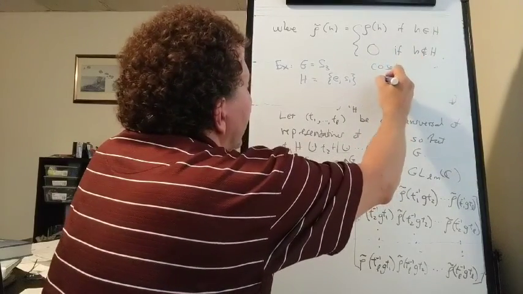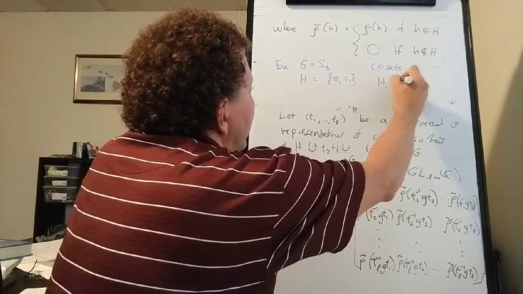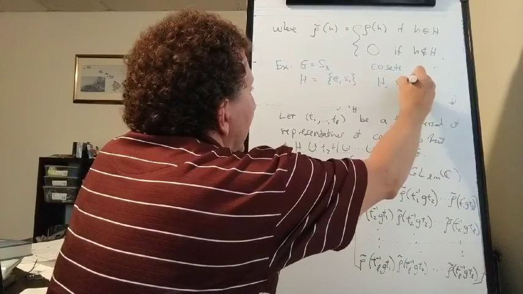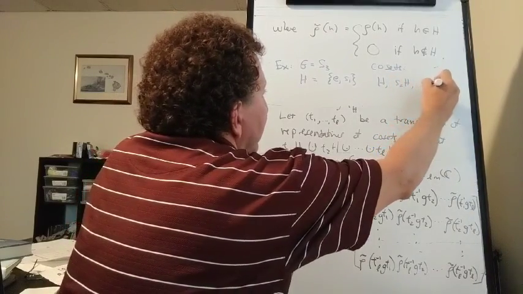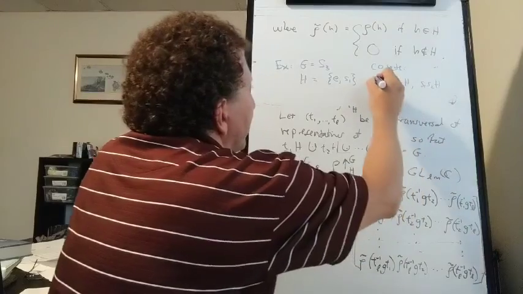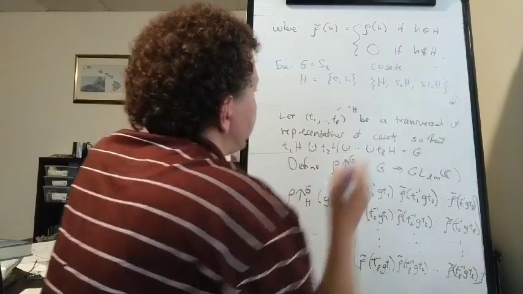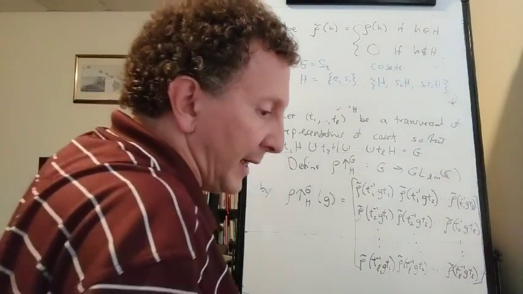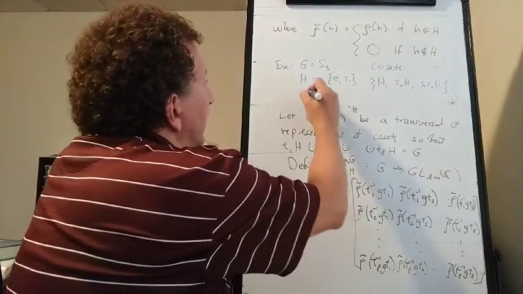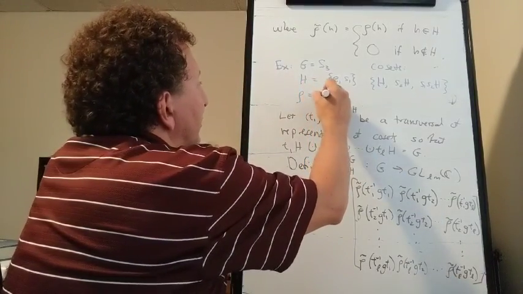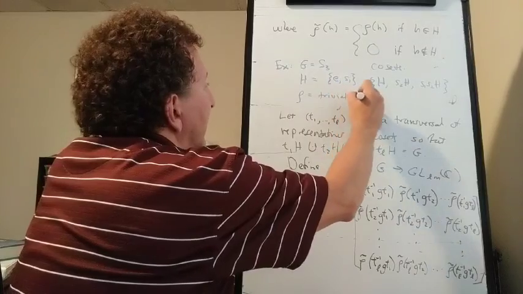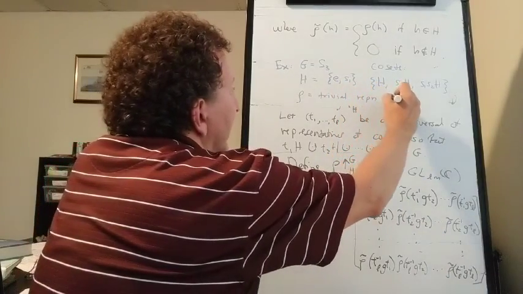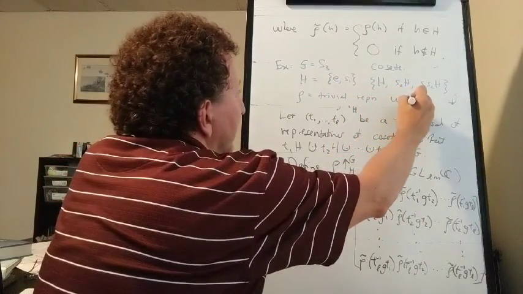And then the cosets are going to be H, s2H, and s1s2H. And let's let rho be the trivial representation that sends every element to 1.